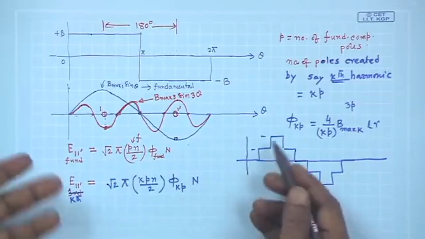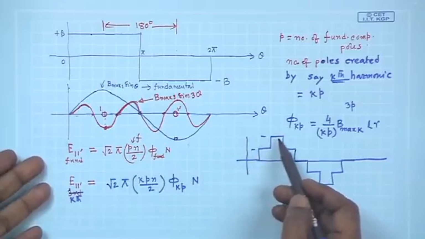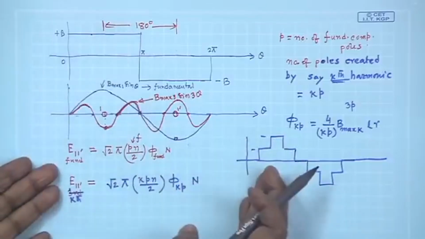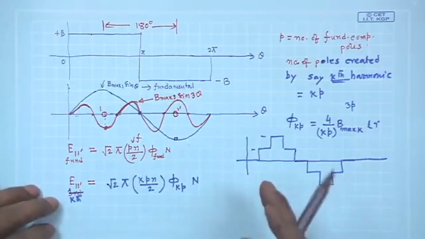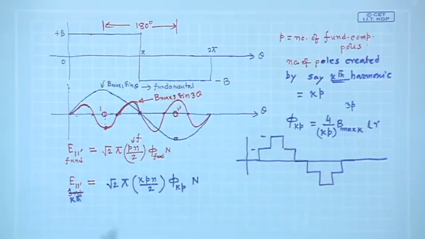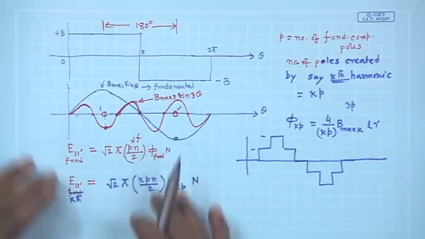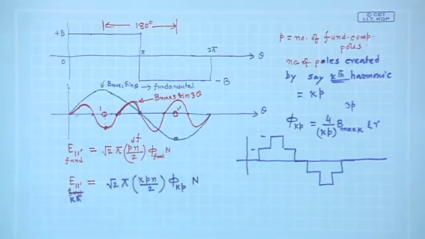This is a slightly involved waveform, but nonetheless it can be easily done. I can find out phi k p, put k equal to 1, get the fundamental flux per pole and so on, and get the RMS value of each one of them.